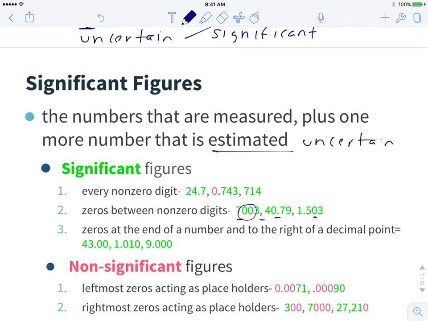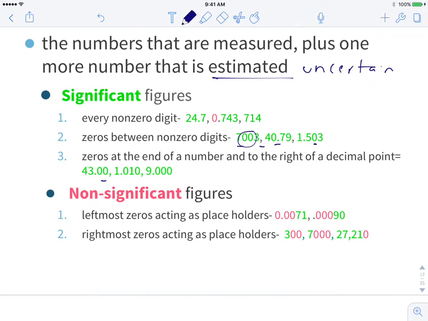Now, if you have zeros at the end of a number, those will be significant if there's a decimal place present. So if there's a decimal present, the zeros at the right end of the number are significant. Non-significant numbers are the leftmost zeros, especially when there's a decimal present. These leftmost zeros are acting as placeholders.